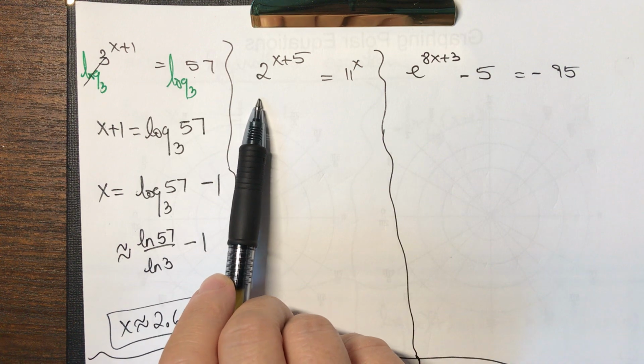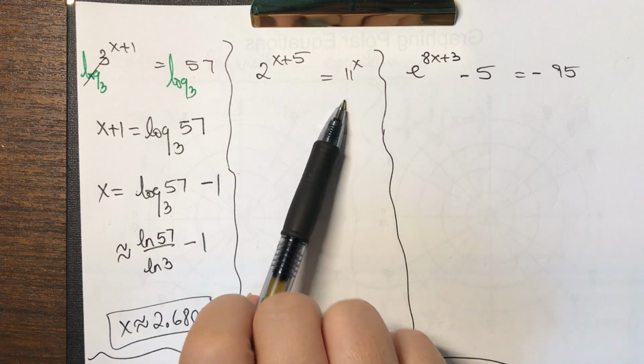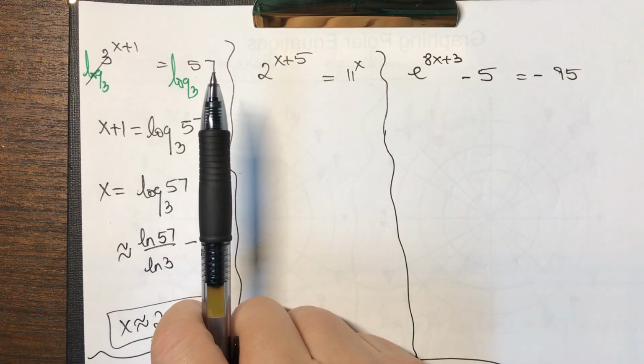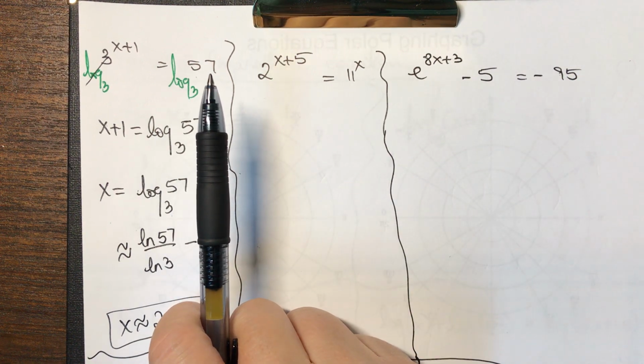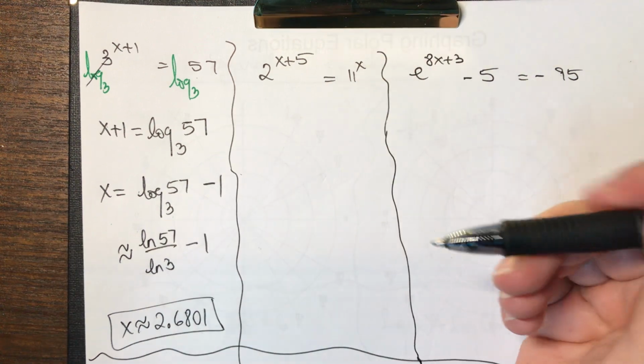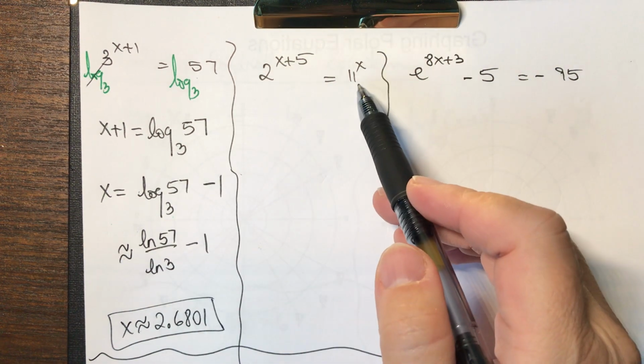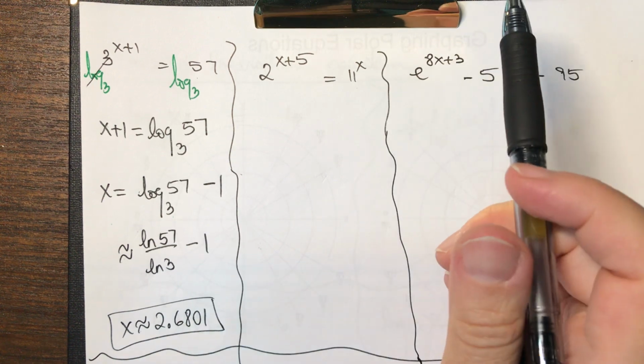So now what am I going to do? Log it with a base of 2, log it with a base of 11? You could do either one. You can use a log with base 2, at least this one's gone. Or you can use a log with base 11, at least that one's gone.